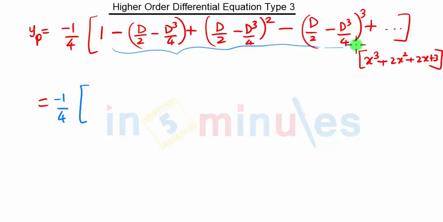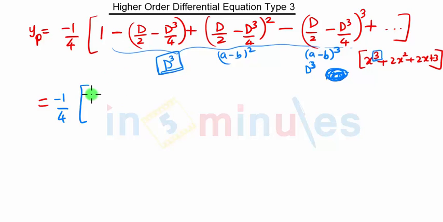We are going to expand this term, but here it is (a minus b) the whole square, and here it is (a minus b) the whole cube. But we need the terms till D cube only. We do not need the terms of D raised to 4 or D raised to 5. Why? Because the highest power of x is 3. We are going to expand in such a way that we have the highest power of D as 3. Okay, we are going to expand this only till D cube.